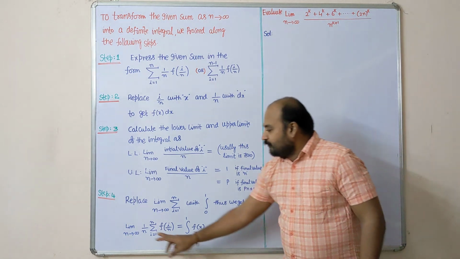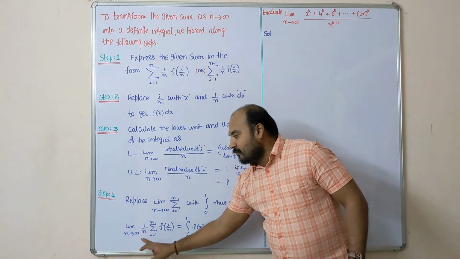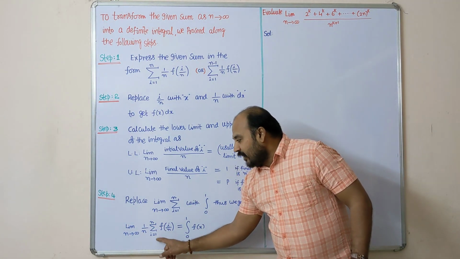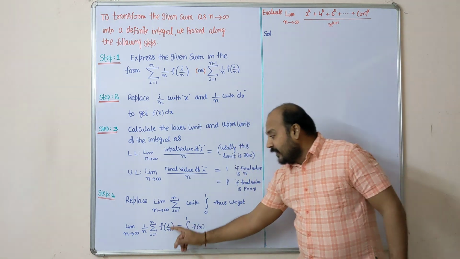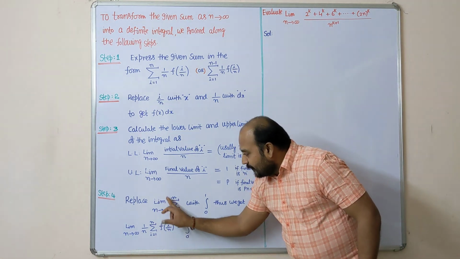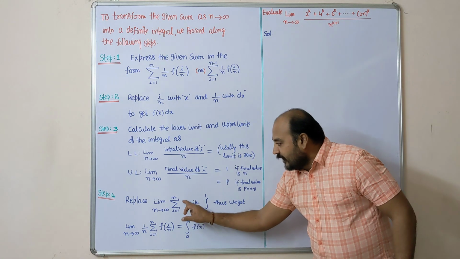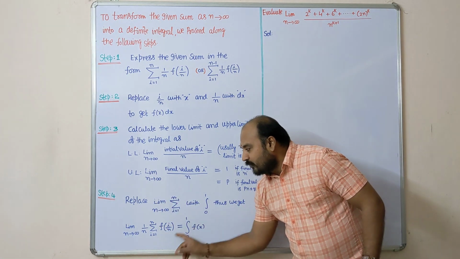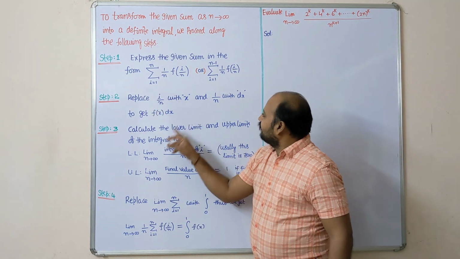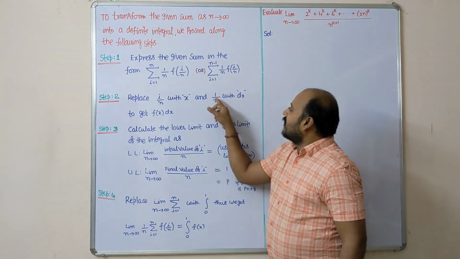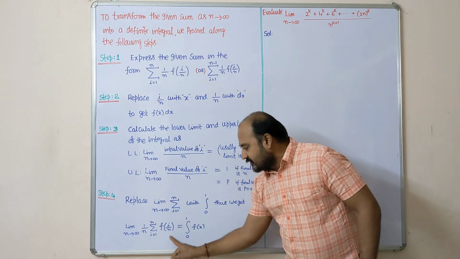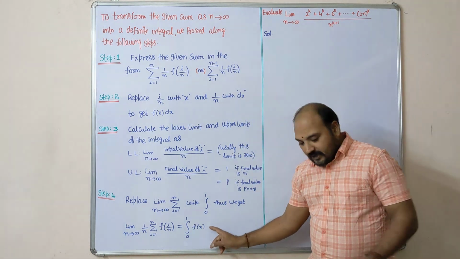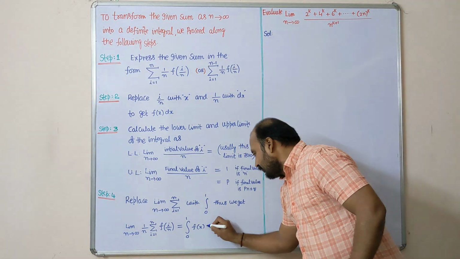Thus, limit n tends to infinity 1 by n sigma i equal to 1 to n f of i by n becomes integral 0 to 1. I already said that i by n is replaced with x and 1 by n with dx, so it becomes f of x into dx.